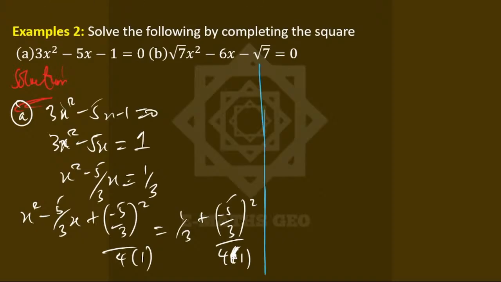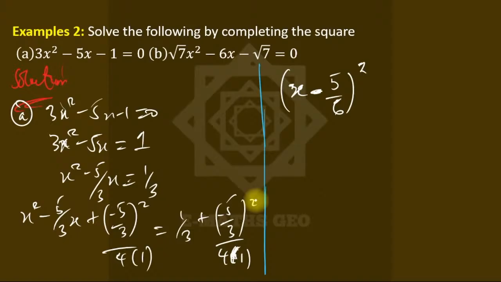So now the left hand side will be a perfect square, which is now something squared, and I have a negative, because the sign here is negative. The square root of x squared is x. The square root of 25 over 9 is 5 over 3, because the numerator here is 25 over 3 over 2, which is now 5 over 3 over 2, which is now 5 over 6.